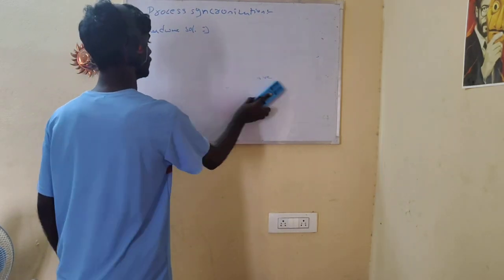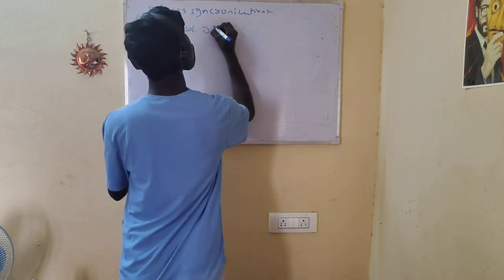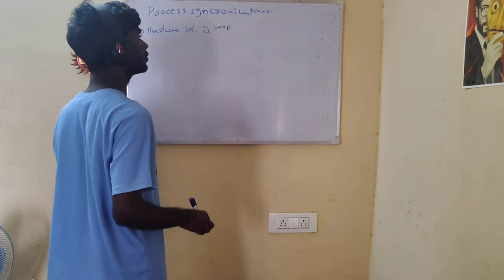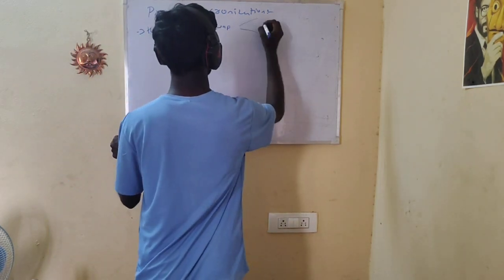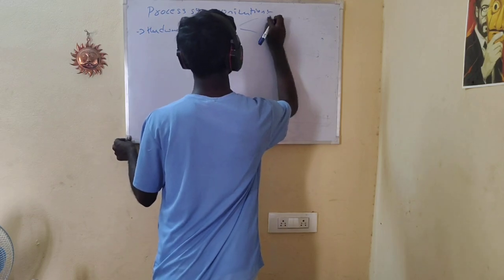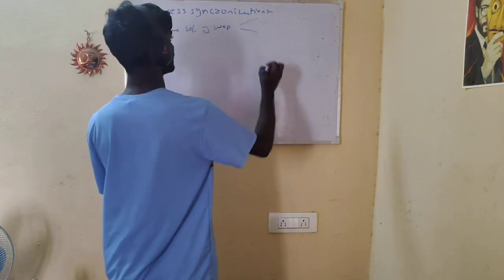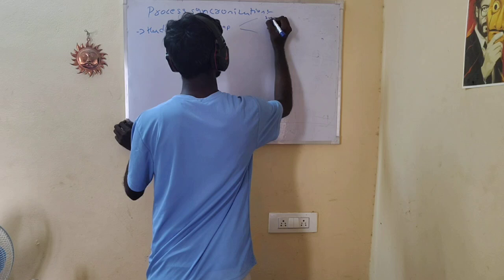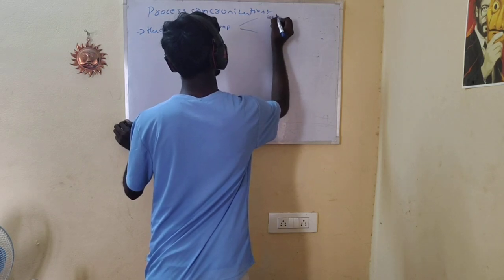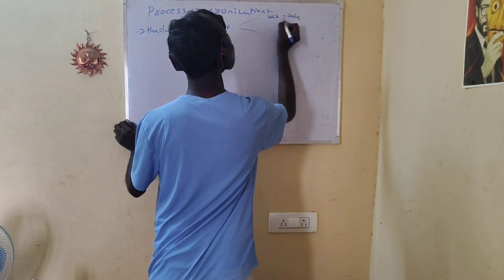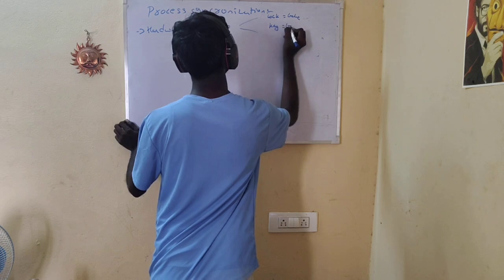And then we have the swap method. This swap method is somewhat similar to test and set, and inside we again have two variables, lock which is set to false and key which is set to false.